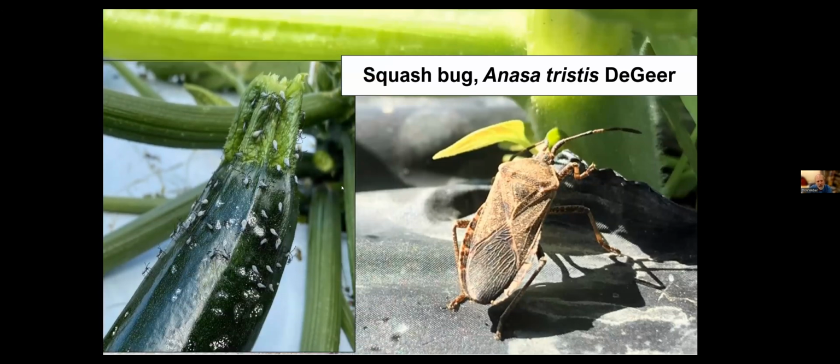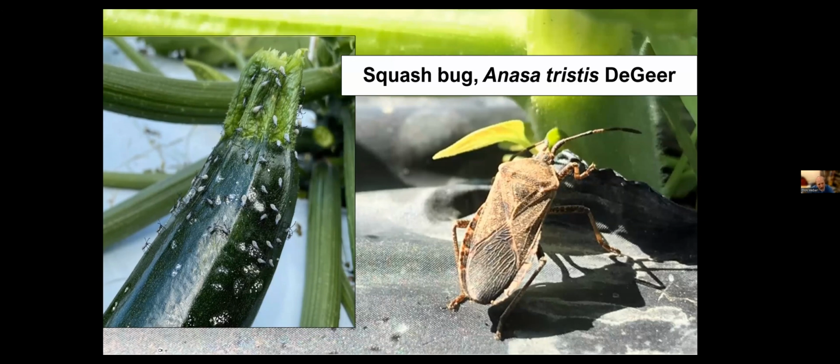And when they do quite well, their eggs hatch, and you can see all these little nymphs. And these bugs can make a mess of zucchini and some other cucurbit crops, particularly in the Pepo group, which is summer squash and zucchini, and also includes many of our pumpkins. Now, when that happens, that fruit may not be marketable.